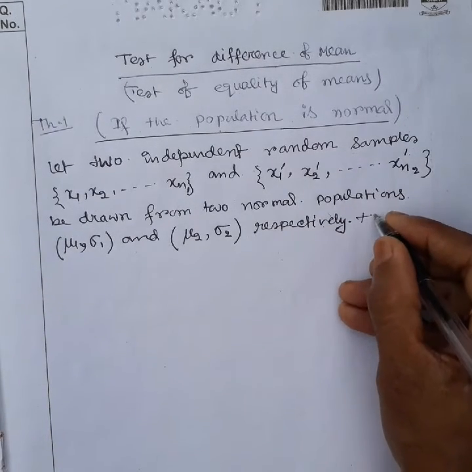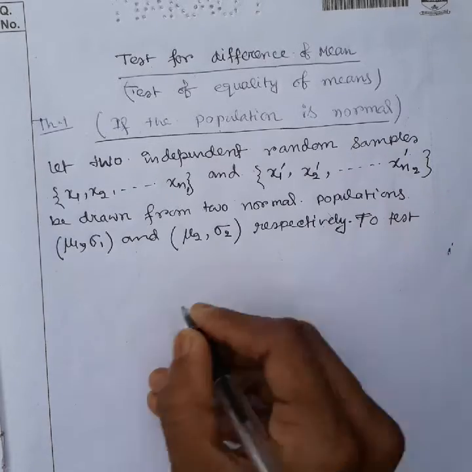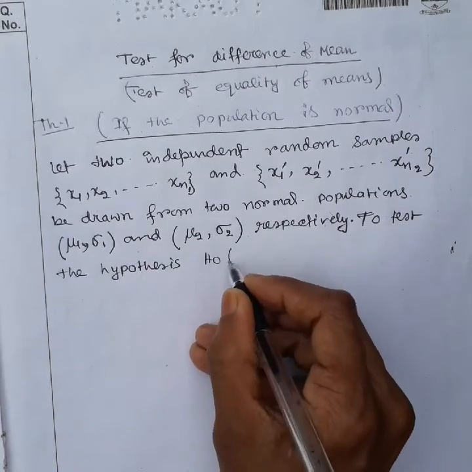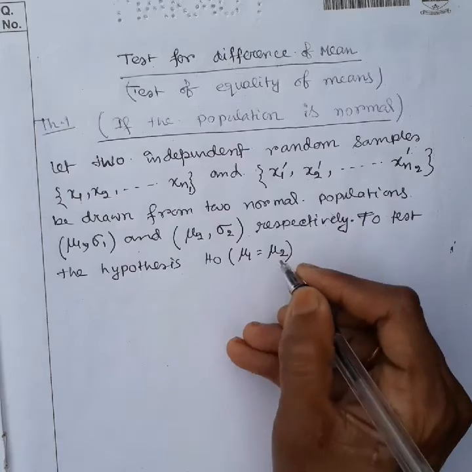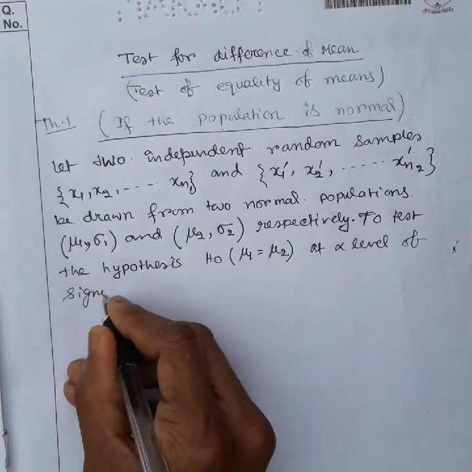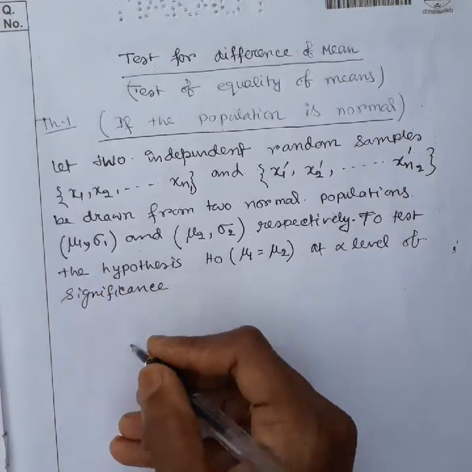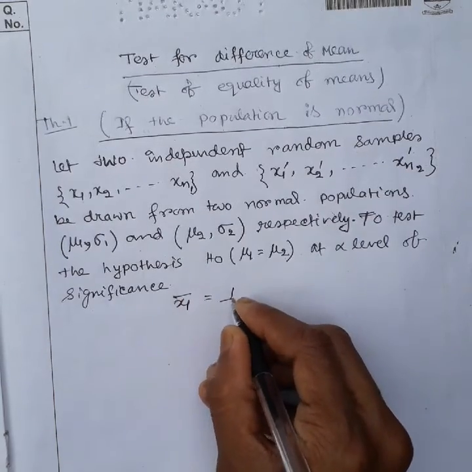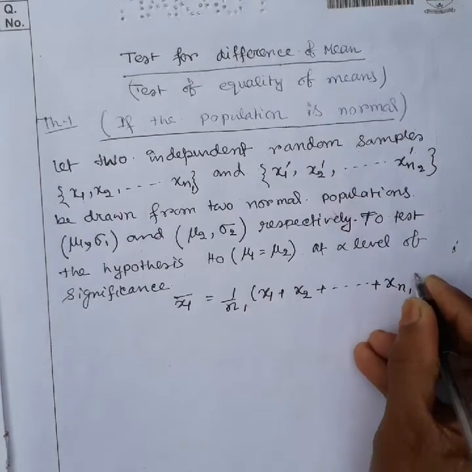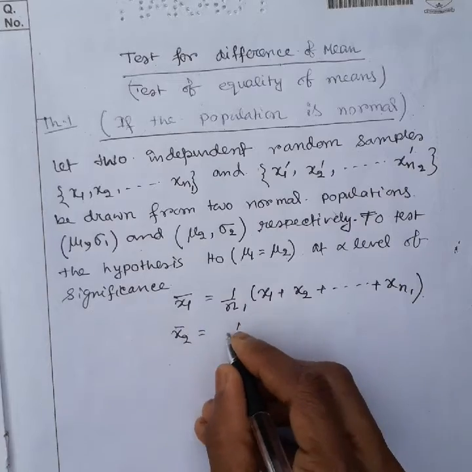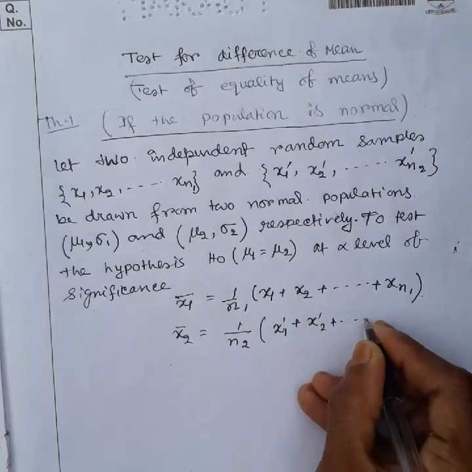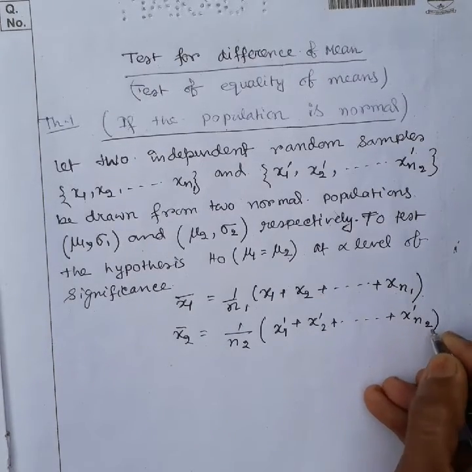Now to test the hypothesis H0: mu1 equals mu2 at alpha level of significance, x1 bar is equal to 1 by n1 into x1 plus x2 up to xn1, and x2 bar is equal to 1 by n2 into x dashed 1 plus x dashed 2 up to x dashed n2.